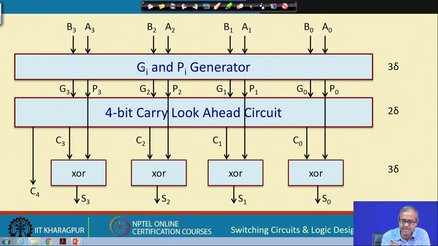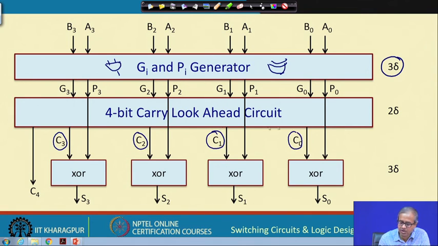As I said, Gi is nothing but an AND gate, there will be 4 such AND gates, and Pi is nothing but an XOR gate, there will be 4 such XOR gates, and because the XOR gate has higher delay, the delay of this stage will be 3 delta. Then the 4-bit carry look-ahead circuit will generate the carries in parallel, and because it is a 2-level AND-OR circuit, the delay is only 2 delta.